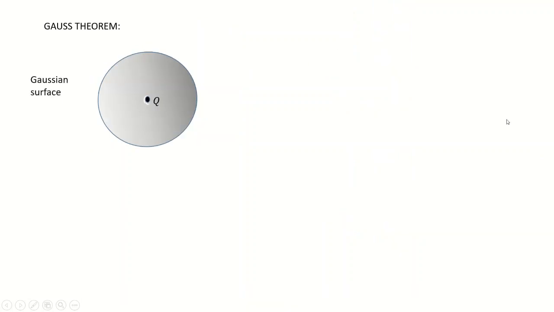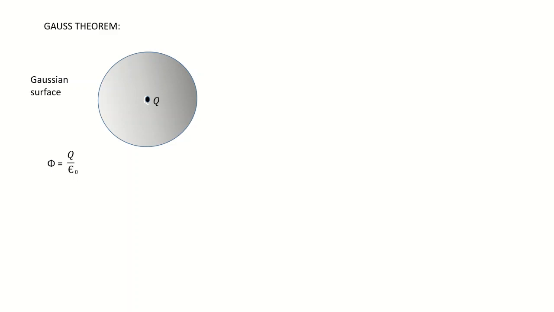Now next we come down to Gauss theorem. What is Gauss theorem? The total flux enclosed by a charge containing body Q will be stated as Q divided by epsilon 0, where Q is any charged body, and in general we consider a spherical Gaussian surface which completely encloses the charged body.